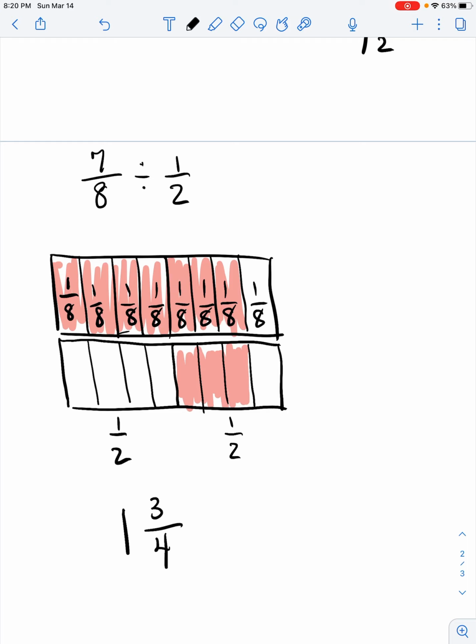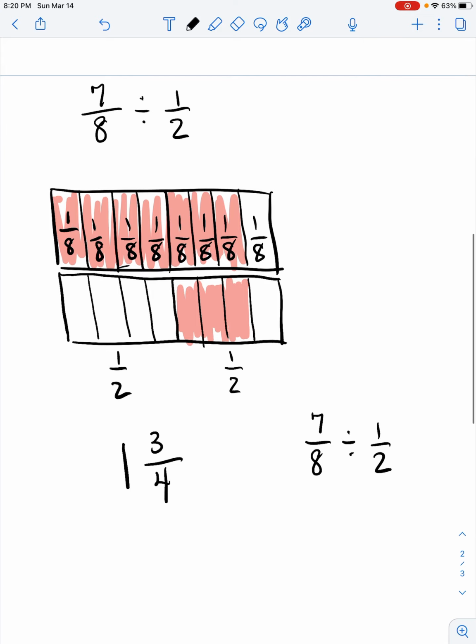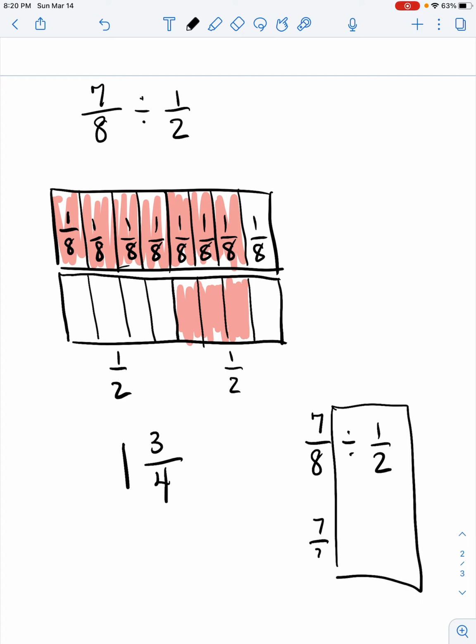All right, so let's see what we have here, and let's use the algorithm to make sure. So we have 7/8 divided by 1/2, and let's draw our box. Dividend stays the same. Division becomes multiplication. Fraction becomes its reciprocal.